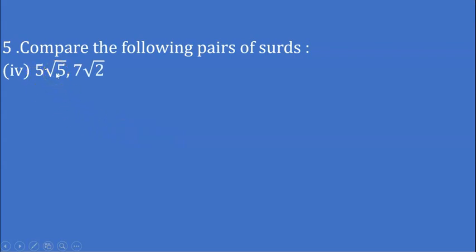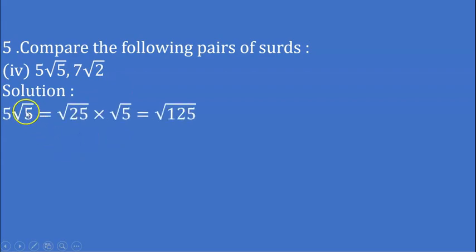Next, 5 root 5 and 7 root 2. Now 5 root 5 can be written as root of 25 into root 5. Again root of 25 into 5, then you will get root of 125. 25 into 5 is 125, and hence we have root of 125 for the first one.